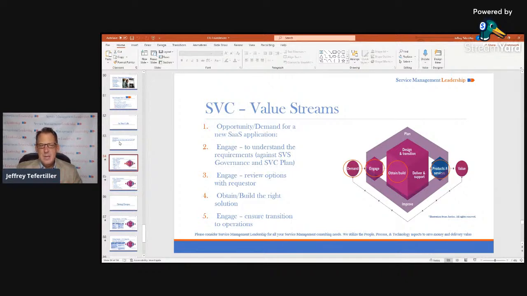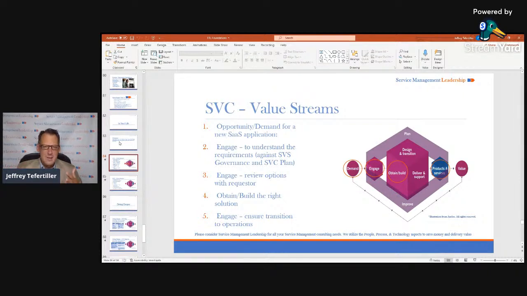So let's look at this one. So this is, you want a new SaaS application. Your business people, they come to you and they say, we want this new business intelligence SaaS doohickey widget. So you see the demand, you'll engage to understand the requirements. You'll use the engage to review the options with the requester.